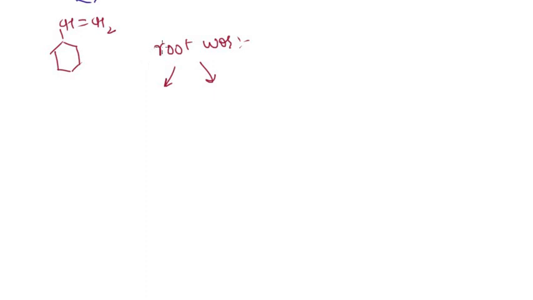If we consider the longest chain, then there is no cyclo in the root word, but if it is cyclic, then we use the word cyclo, right? So it depends on which main chain we are choosing, a straight line or cyclic. We decide the root word according to where the functional group is present, whether on the outer linear chain or the cyclic compound.